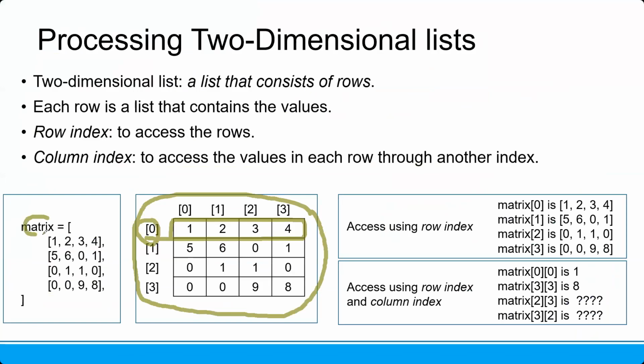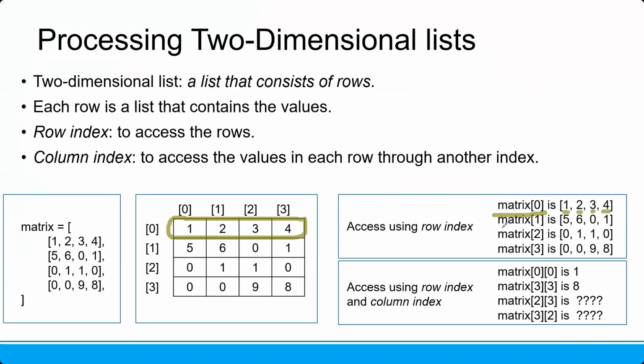If the variable name is matrix, it means if I use the row index, matrix 0. What is matrix 0? The matrix 0 means the list in this row. So if I call matrix 0, then the result is 1, 2, 3, and 4.